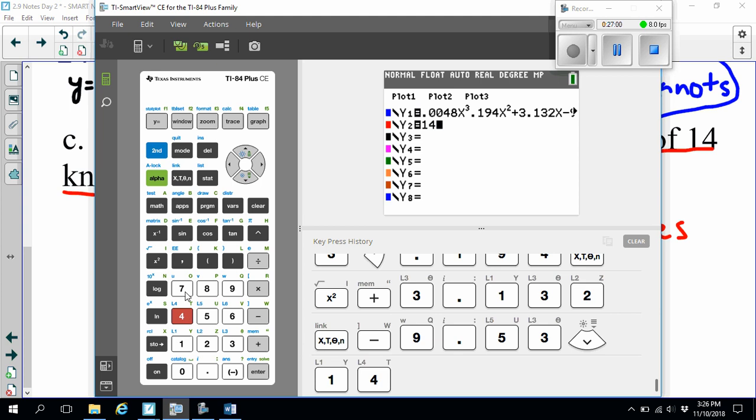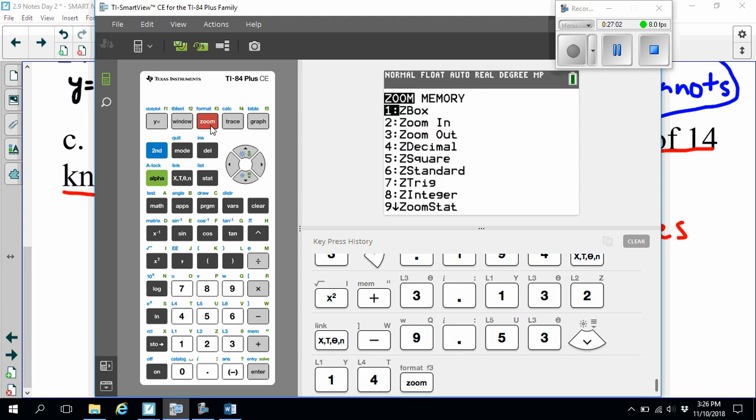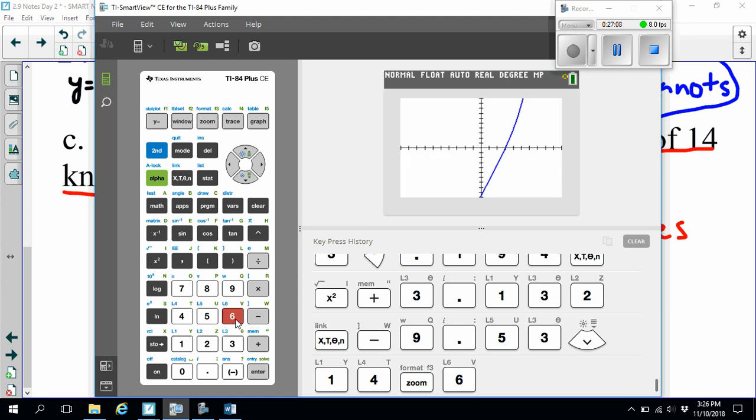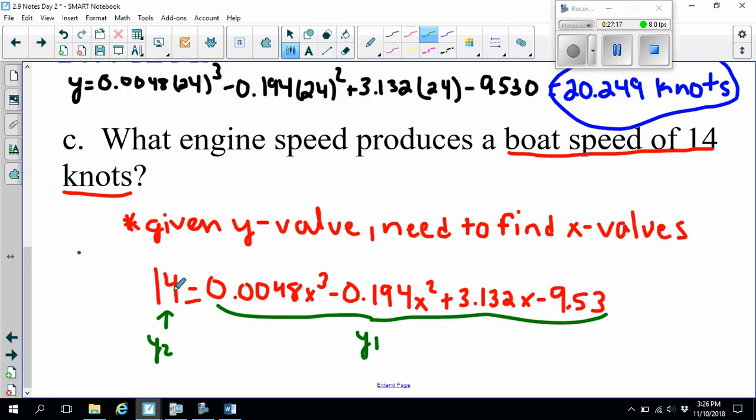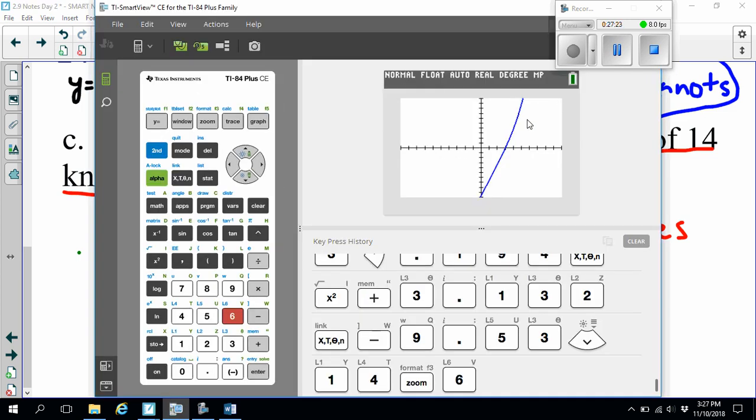So let's go ahead and graph it. I'm going to go back to ZStandard just to see if we can see that. Okay, it looks like we can't see it, and this makes sense because our y2 is 14. So we need our max to be at least 14 so we can see where it intersects.